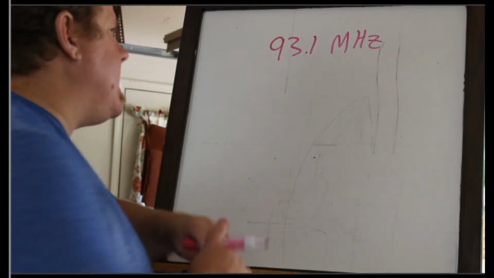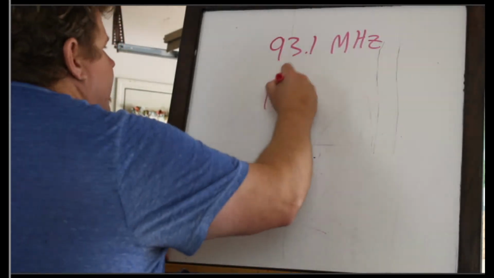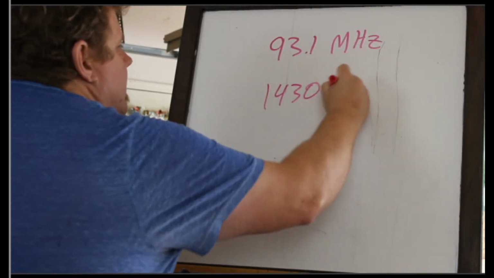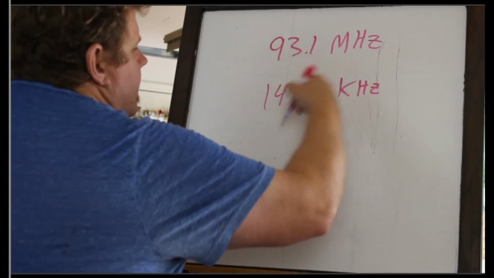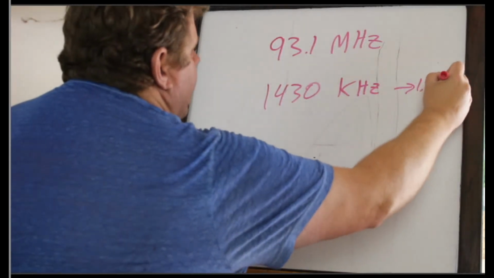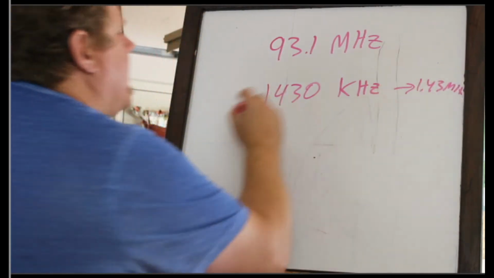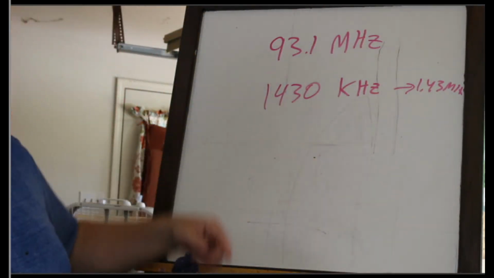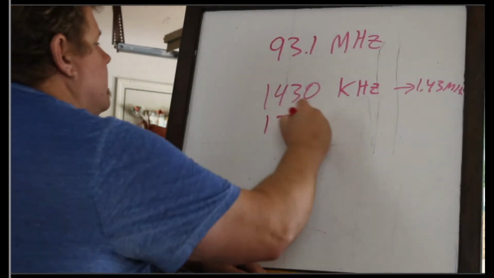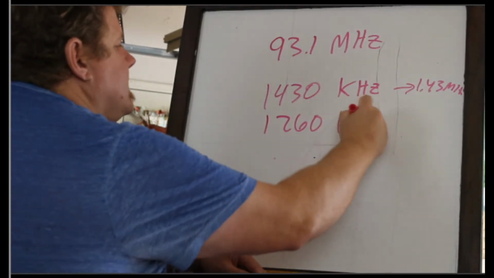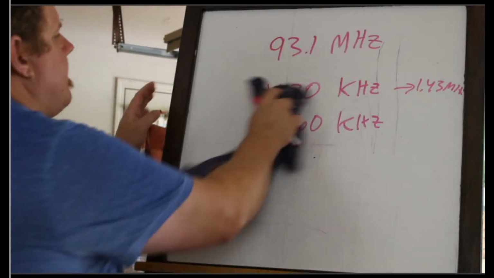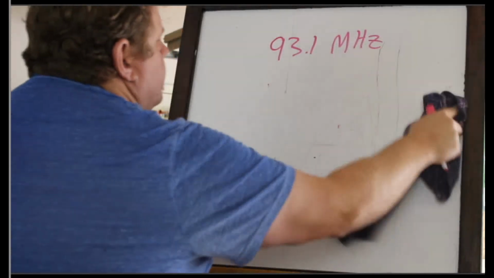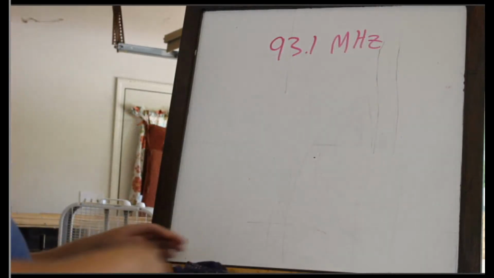If you're on the AM dial, so like I like 1430, that's kilohertz. Now I realize that means 1.43 megahertz, but the AM dial is all set up on kilohertz, so that's why you say 1430 or 1260. That's 1260 kHz. Okay, so 93.1 megahertz.